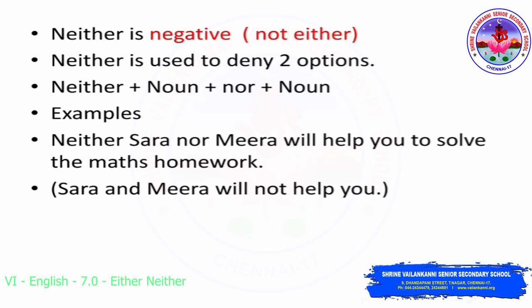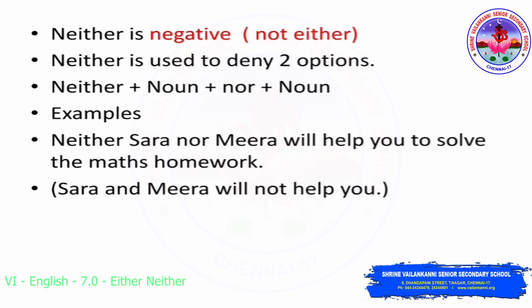Instead of saying both choices are available or possible, we deny two options. Neither is used to deny two options. One important thing to remember while using neither is that both the choices are not available.